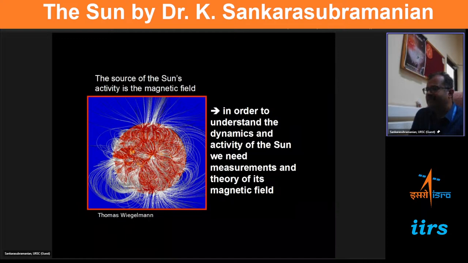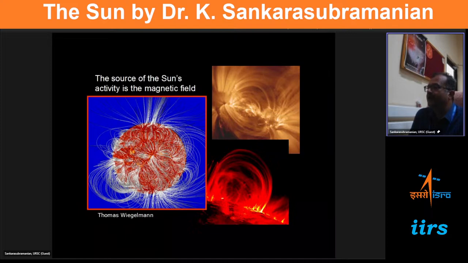So this basically tells you that the magnetic field in the photosphere is the one which provides a lot of activity in the chromospheric and coronal regions. And what you see in this very beautifully structured plasma is all due to the magnetic field lines on the photosphere.